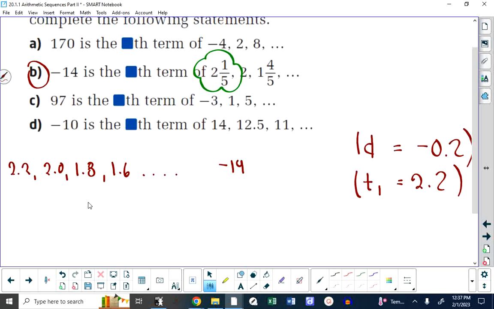What we are going to do is say to ourselves that to go from the first term to that term, we have to add something, right? And what we have to add is a whole bunch of common differences.